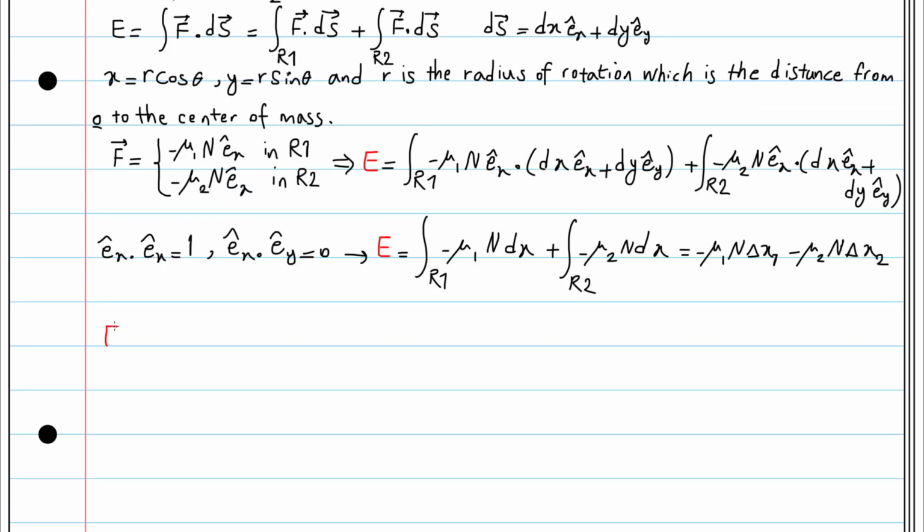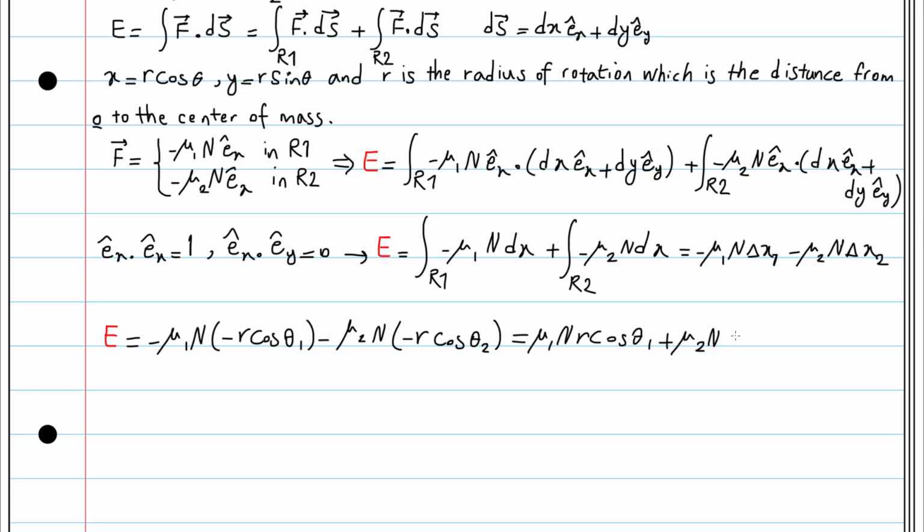E is minus mu1 n times minus r cosine theta 1 minus mu2 n times minus r cosine theta 2. That is mu1 n r cosine theta 1 plus mu2 n r cosine theta 2, which simplifies to n r times mu1 cosine theta 1 plus mu2 cosine theta 2.